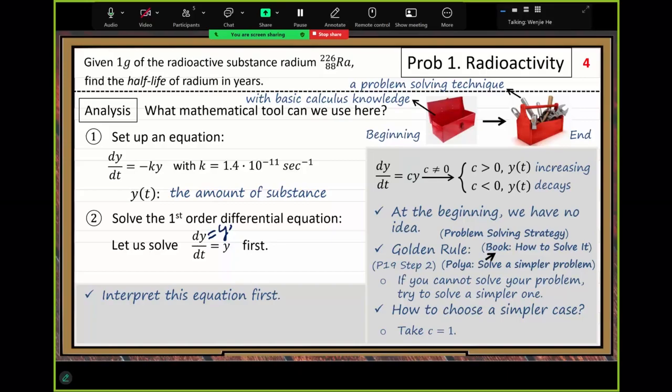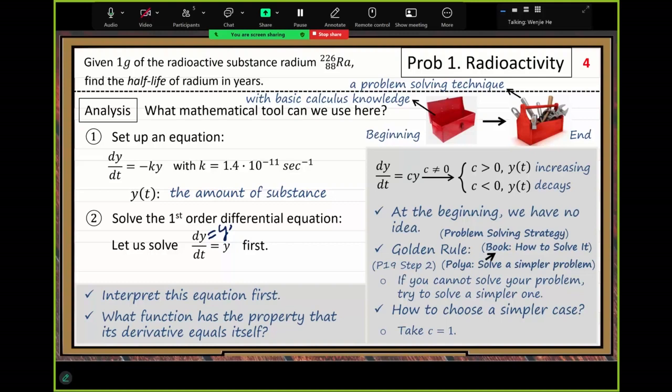That function has this property. What's that property? Its derivative equals itself. When you take the derivative, no change, you get the same function. That's the interpretation. So, what function has the property that its derivative equals itself?